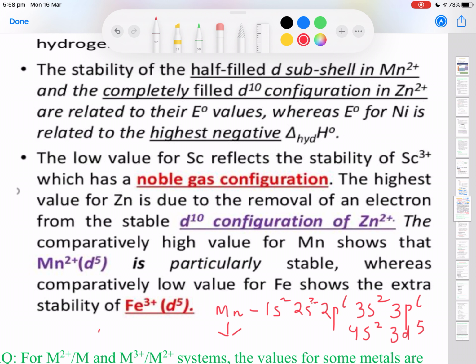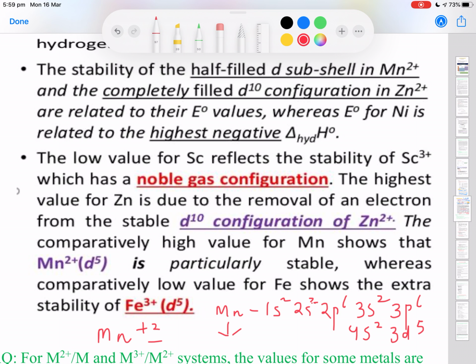Yes, your answer should be Mn plus 2, because if I want to write the configuration for Mn plus 2, that means 2 electrons have to be taken out. So the outermost shell is used for such a thing, okay? Though 4s is filled first or before 3d, yet if you want to remove the electron, it has to be removed only from the valence shell.